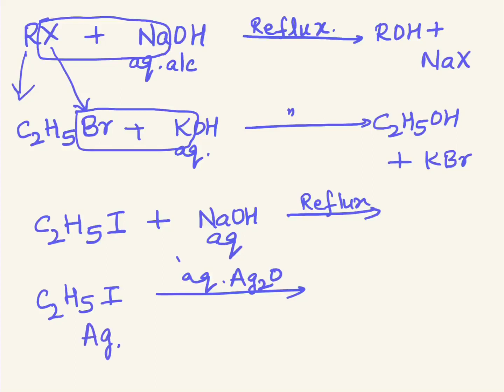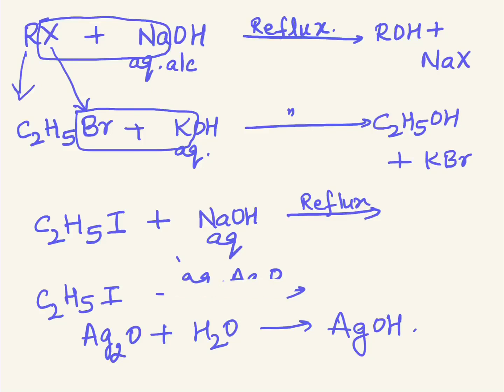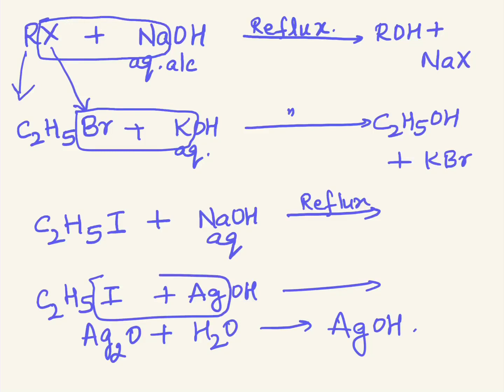Sometimes, to make it easier for the students to understand, what I say is, okay, write it like this, although it's not so, but it's easier to recall like this. Okay, so here we can write the reaction as AgOH, so that it is easier for you to draw the box and remember this. Now you know how to draw the box.